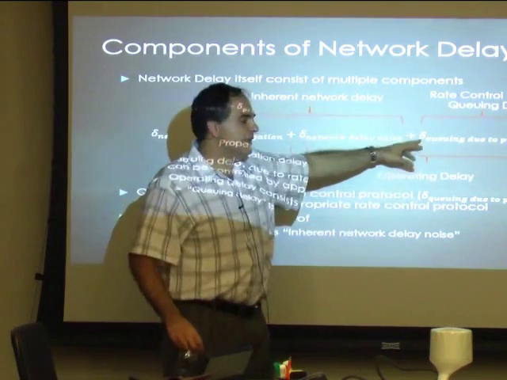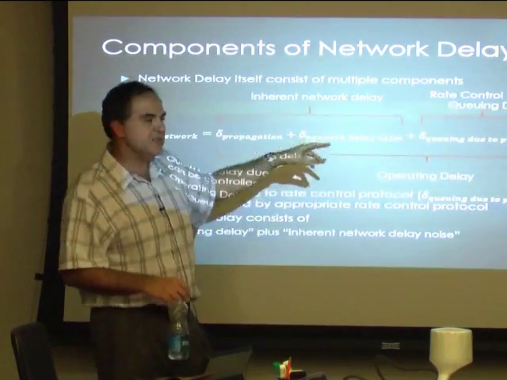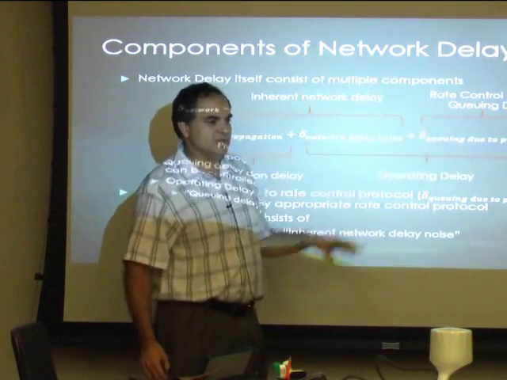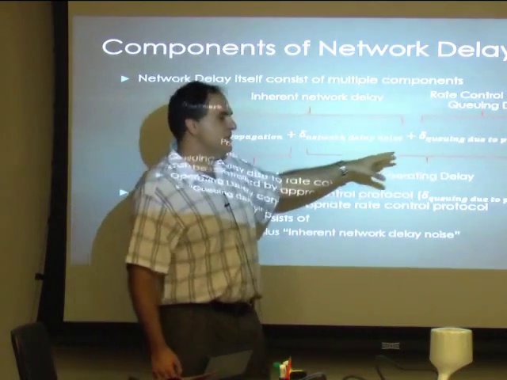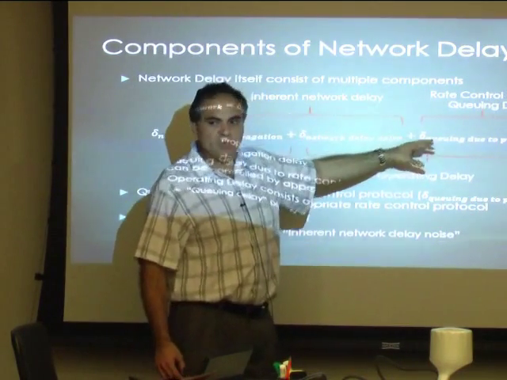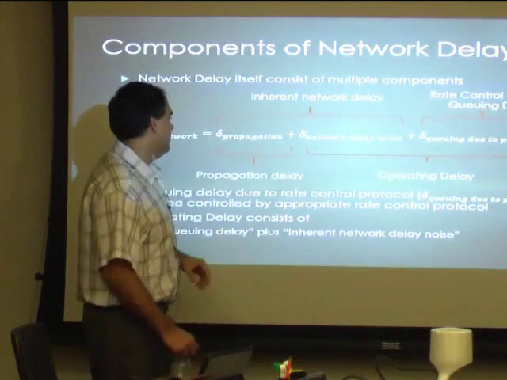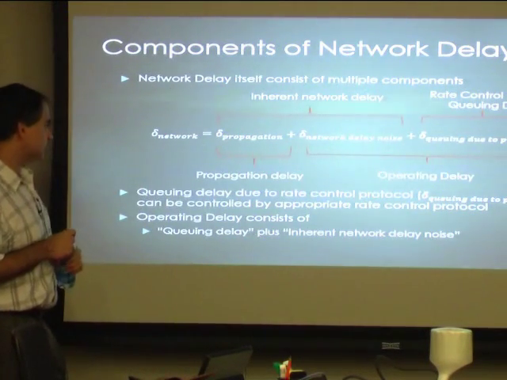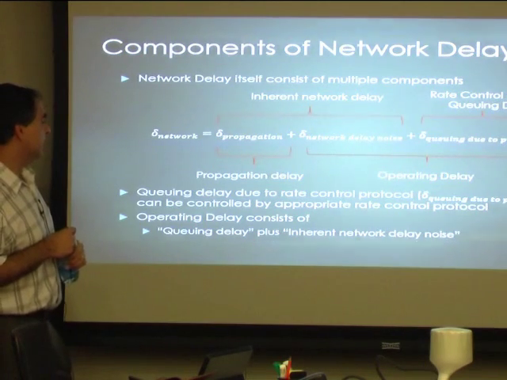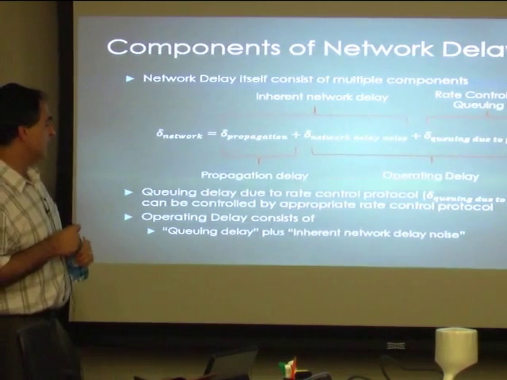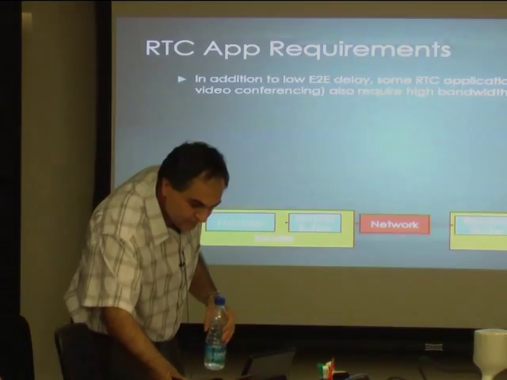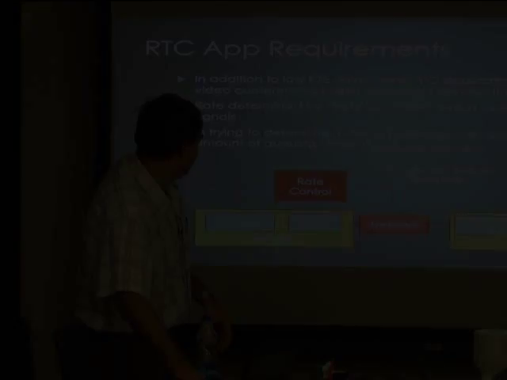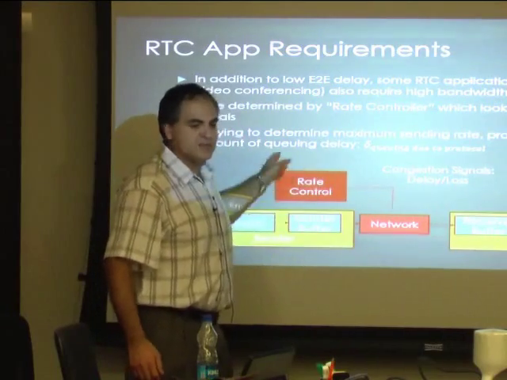And the third is basically caused by queuing. So this is due to actual congestion, okay? And if you really want to achieve full link utilization, this component has to be there in some capacity, okay? So basically, this shows that you look at congestion signals and you adjust the rate.